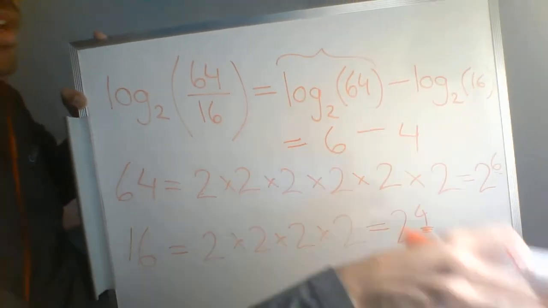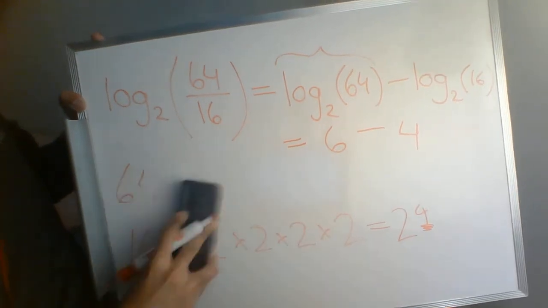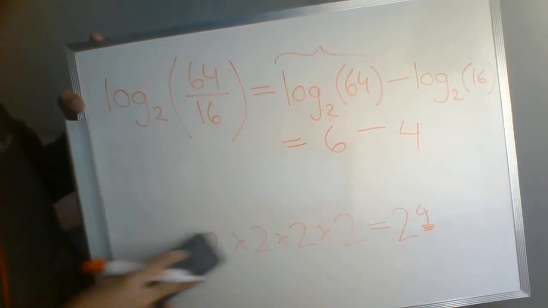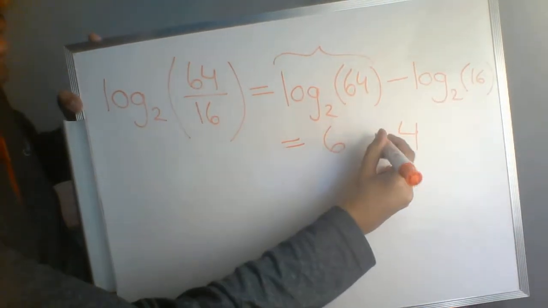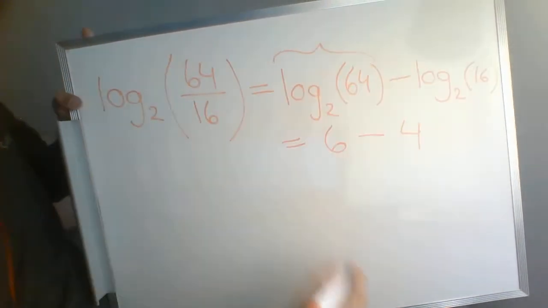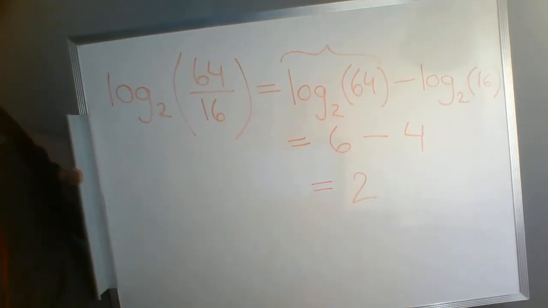So it'll be 6 minus 4. I'm going to have to get rid of these lines now, unfortunately. So we're left with 6 from the first logarithm and 4 from the second logarithm, which is going to leave us with an answer of 2.